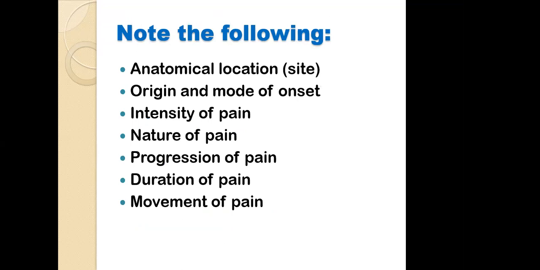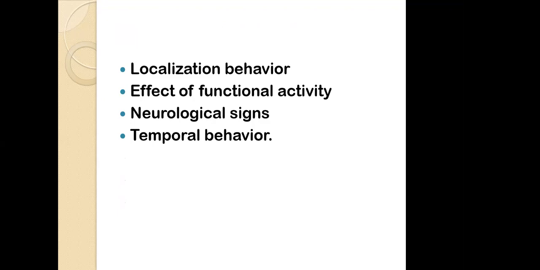We need to know the following about this pain: the anatomical location, that is the site, origin, and mode of onset, intensity of the pain, nature of pain, progression of pain, duration of pain, and movement of the pain. And also the localization behavior, effect of functional activity, neurological signs, and the temporal behavior.